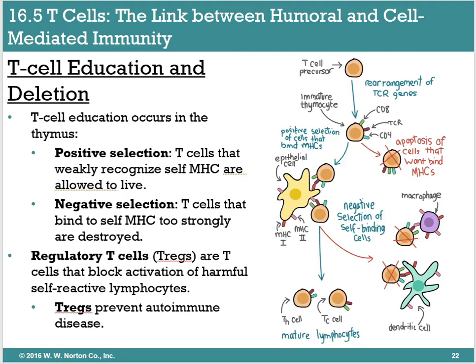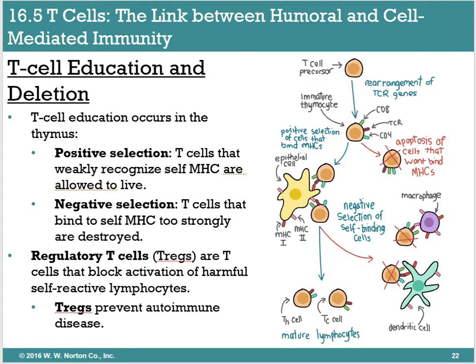I hope that didn't confuse y'all. But if there is strong binding between the MHC protein, the cell will die. Now, if there's not strong binding, the cell will live.